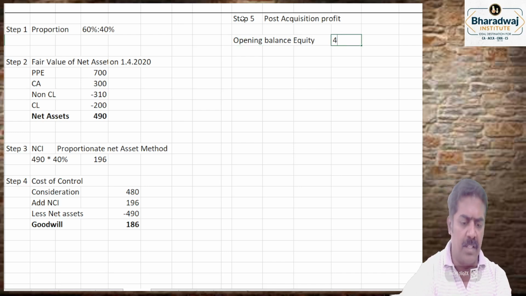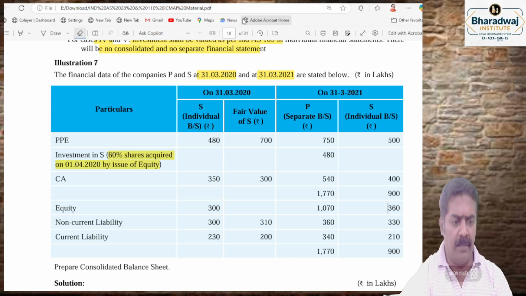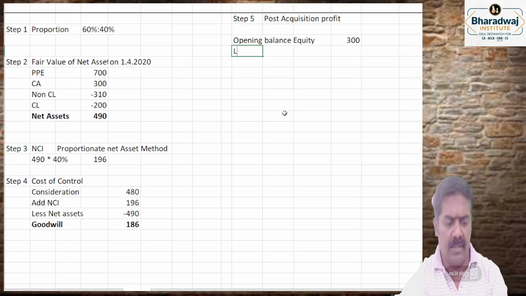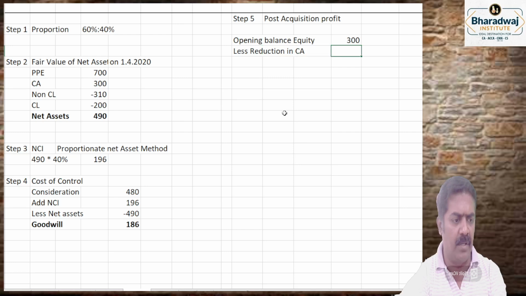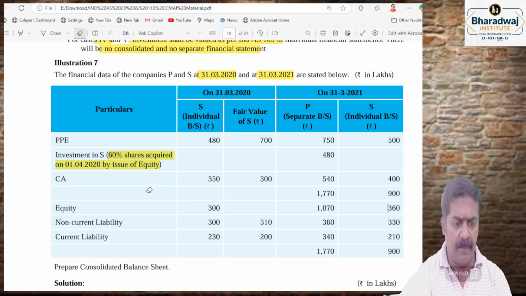With that, adjust for current assets and current liability. Fair value change, current assets 350 to 300. Less reduction in current asset. It will reduce your net worth. How much? 50. Reduce your profit by 50.